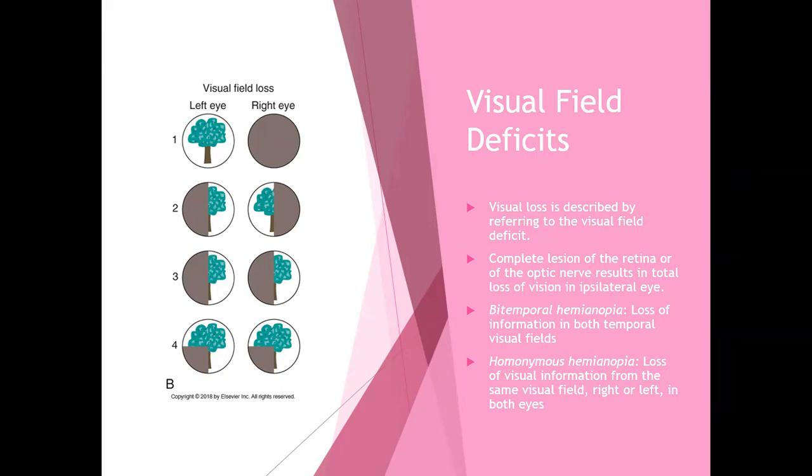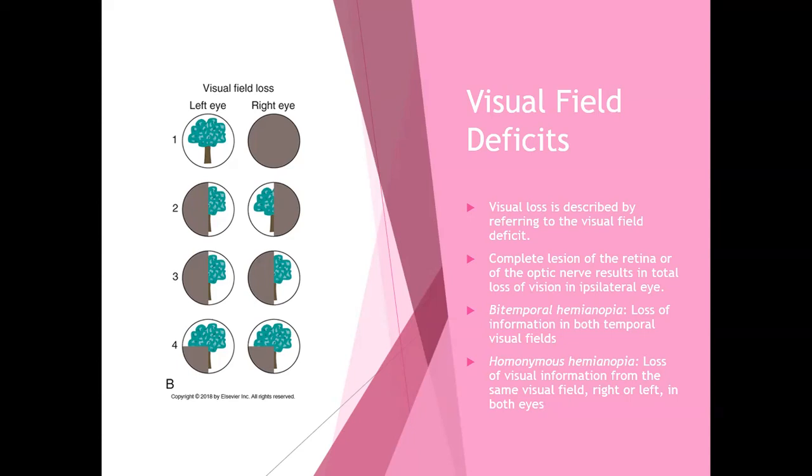If you lose information in both temporal visual fields, which is the closer to your ears, if you want to think of it that way, it's called bilateral hemianopia. So basically you lose the right side of the right eye and the left side of the left eye. And that's depicted in number 2 in this diagram. So you have the middle part, you have the inner part, but you don't have the outer part.